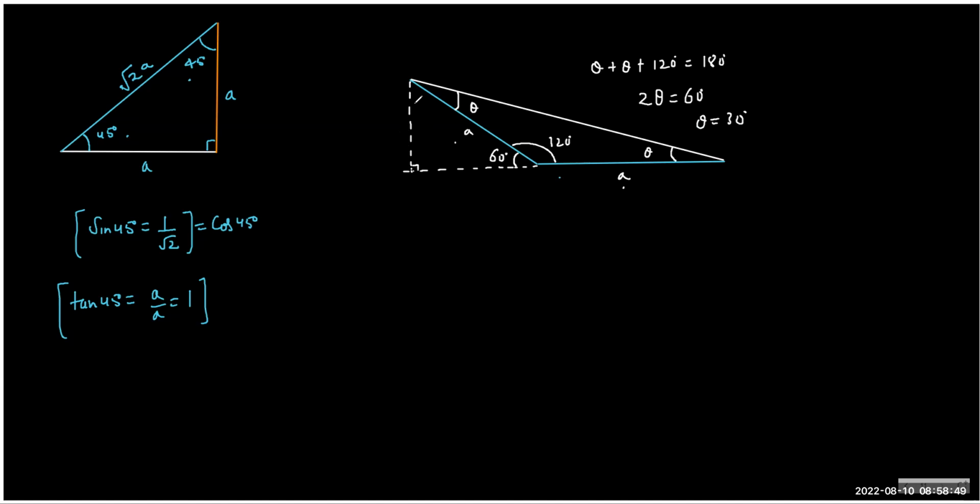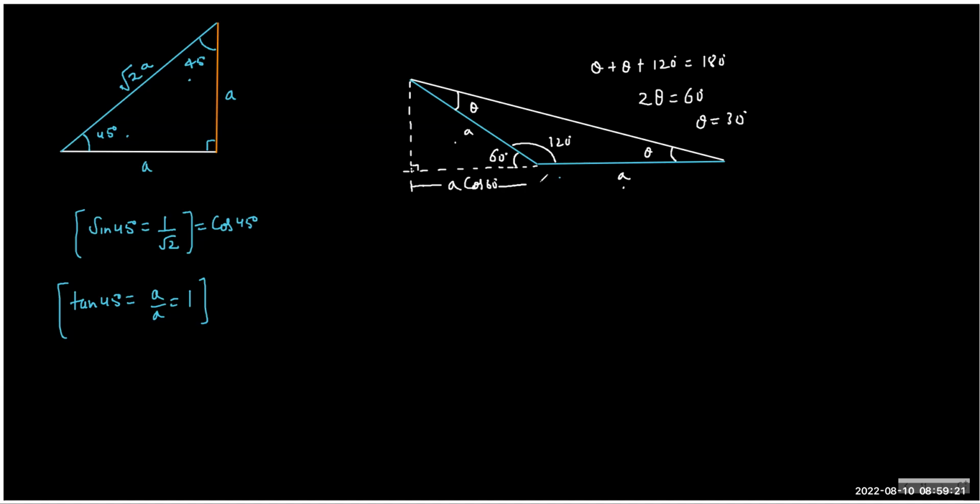And then you can write this as the triangle. Again, if you know the resolution of vector idea, if this is A and this is 60 degree, then this will be A cos 60, right?